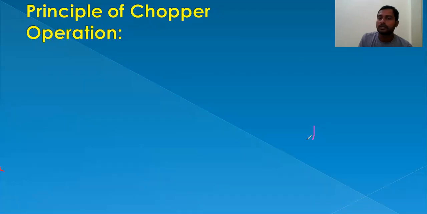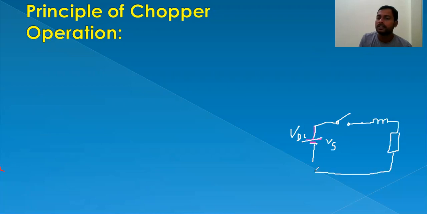This is the supply voltage, this is the source, nothing but the DC, VDC or Vs, and this is the switch which is connected in series with the load, and the load is connected through a series inductor.